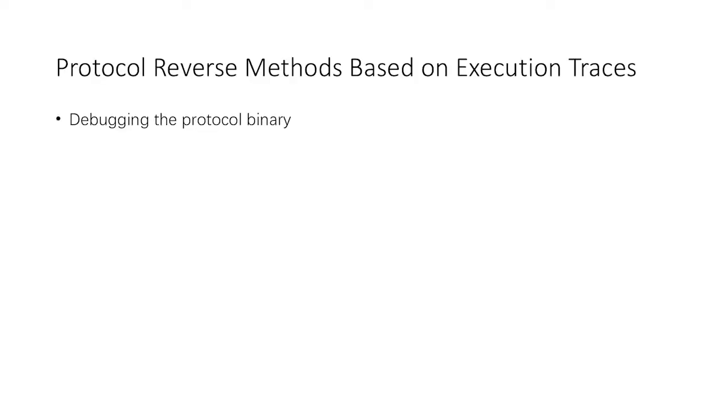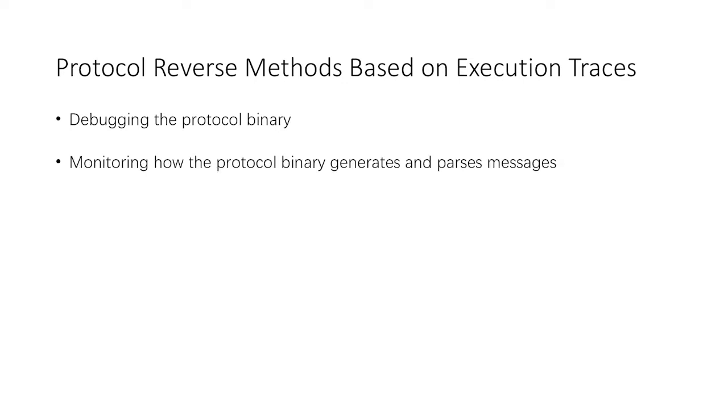The protocol reverse methods based on execution traces conduct protocol reverse engineering by directly debugging the protocol binary or monitoring how the protocol binary generates and passes messages. However, we must obtain the corresponding protocol binary programs in advance.